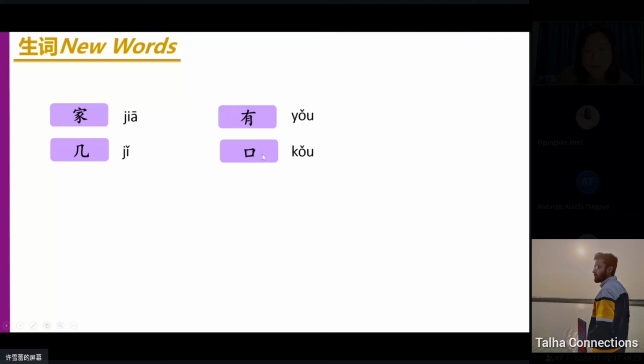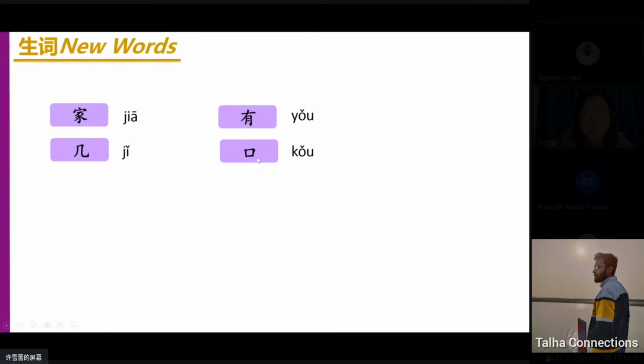You may ask why? Because in ancient times, 口 basically means the mouth, our mouth. So mouth is called 口.